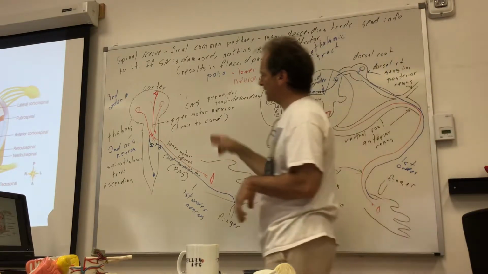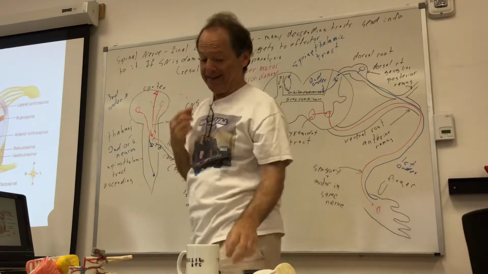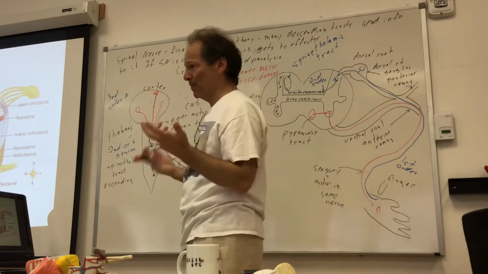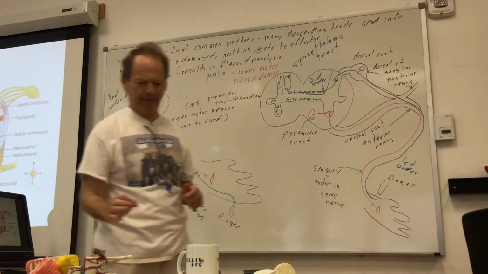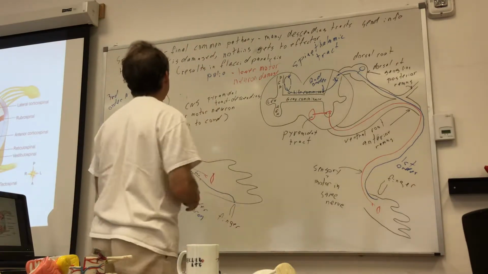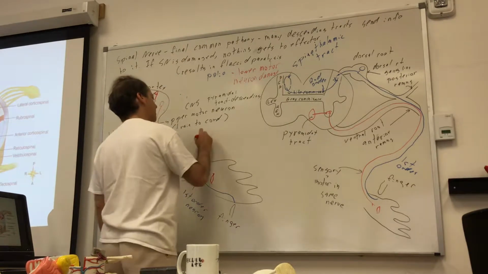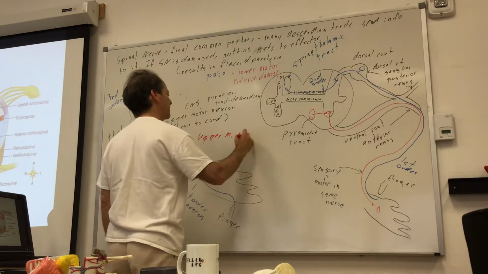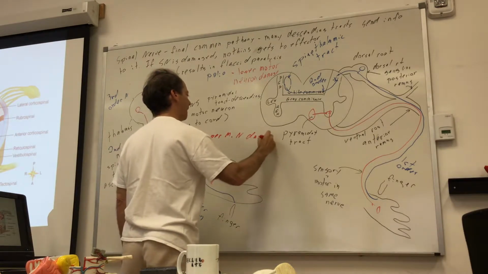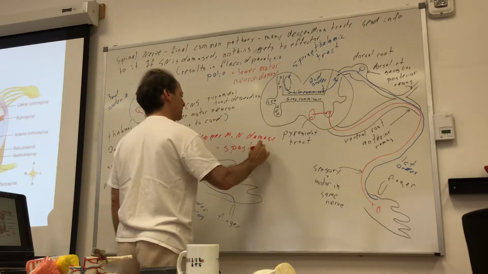Now that's lower motor neuron damage, which leads to flaccid paralysis, but it is also possible to have upper motor neuron damage, and that leads to spastic paralysis. Upper motor neuron damage usually leads to something called spastic paralysis.